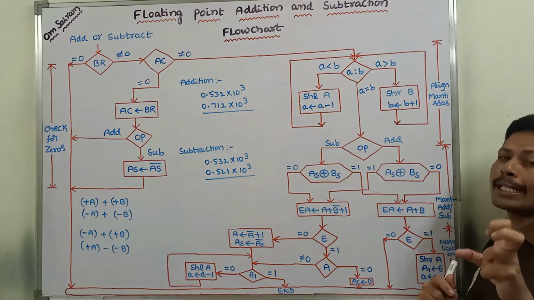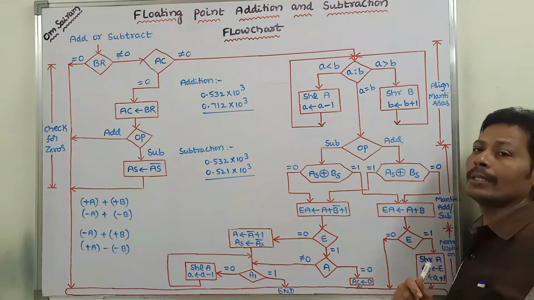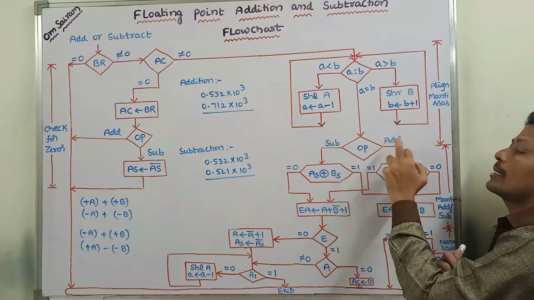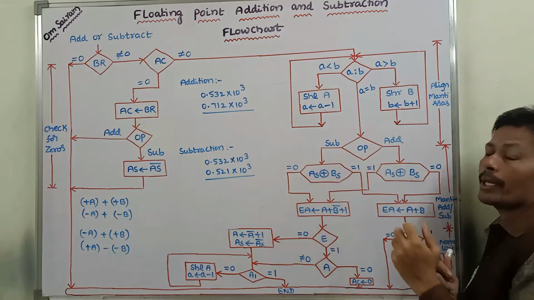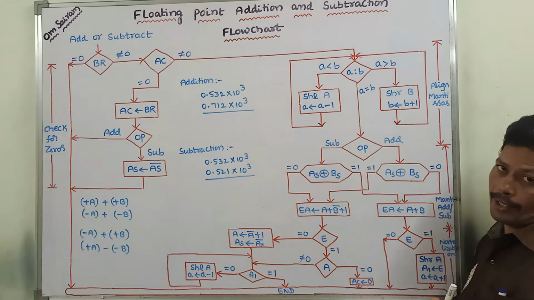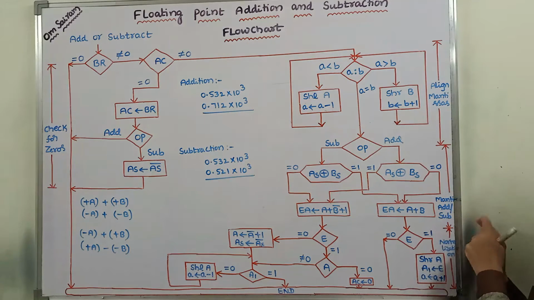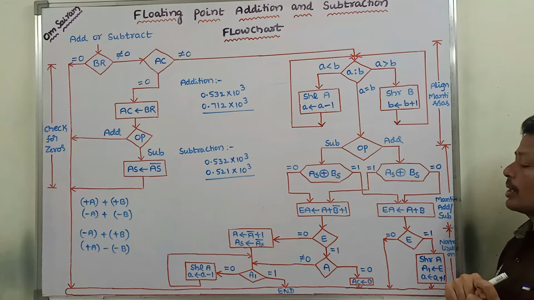Whenever both exponents are equal, only then do we perform the operation, such as addition or subtraction, between the mantissas. Now we can go for the third step, addition or subtraction of two mantissas.